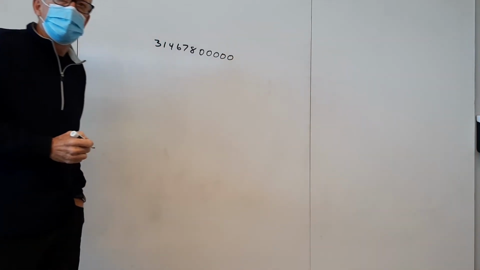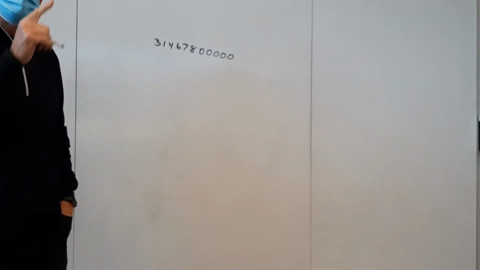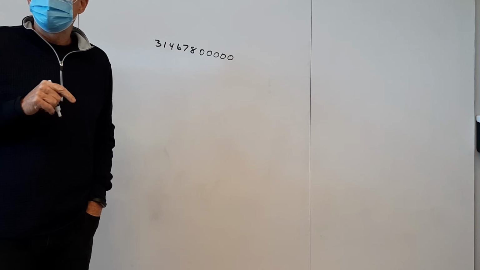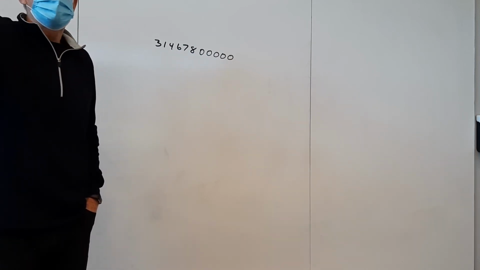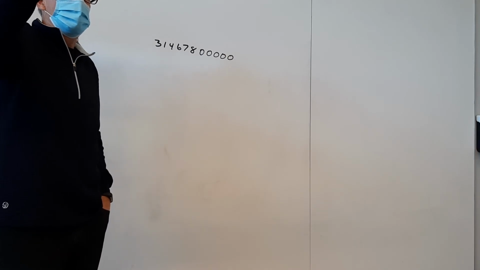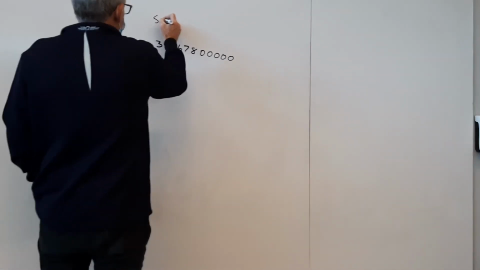It's a lot of zeros. When I write something in scientific notation, I write one digit and a decimal point, and then after the decimal point, as many digits as you need depending on significant figures, which we'll talk about later. Scientific notation.